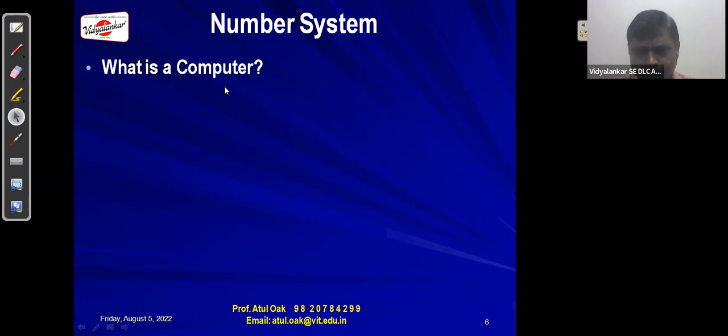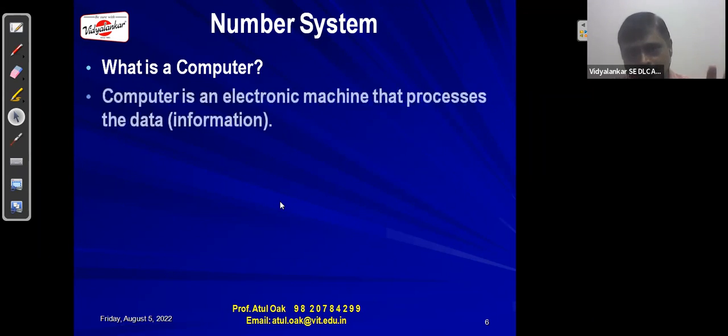We say that computer is an electronic machine that processes the data. This is a very simple and sweet definition of a computer. I'm not thinking about how my data will come, how my data will be displayed, how my data will be stored.